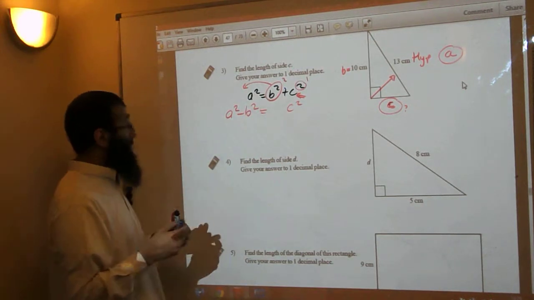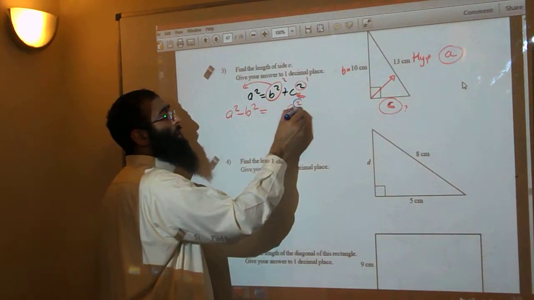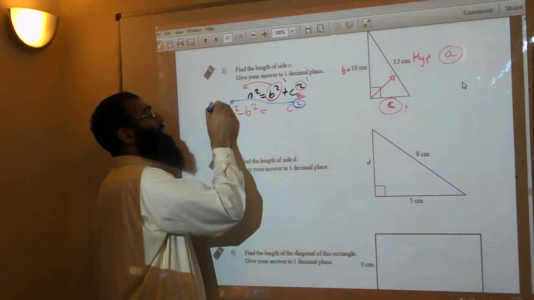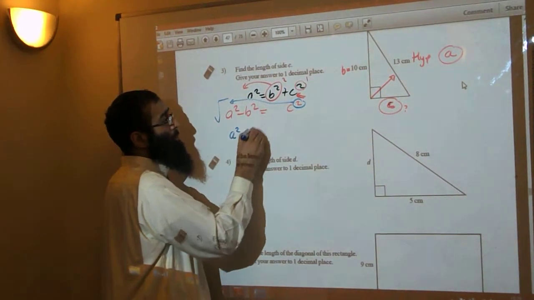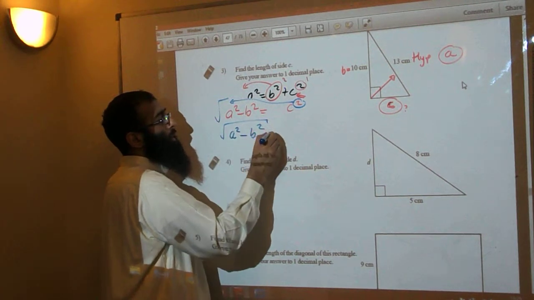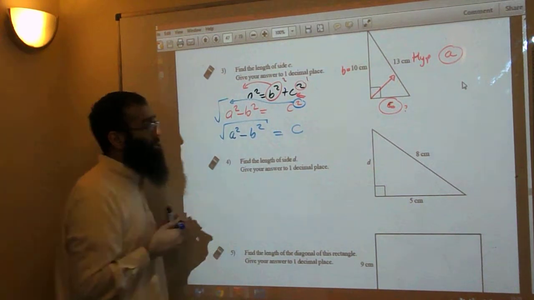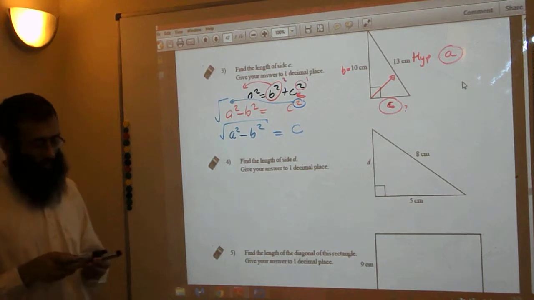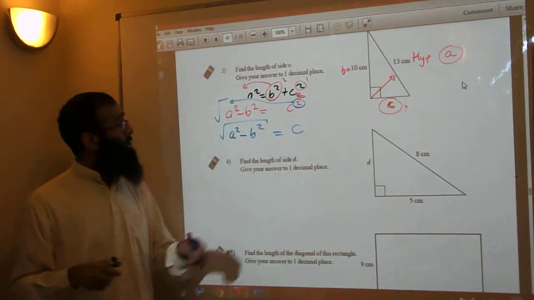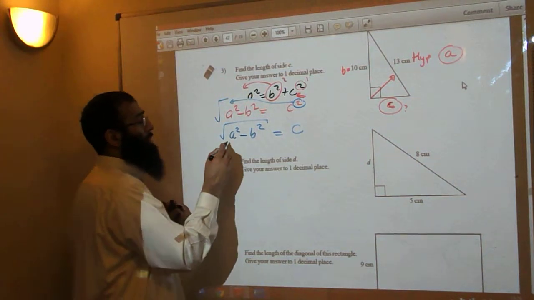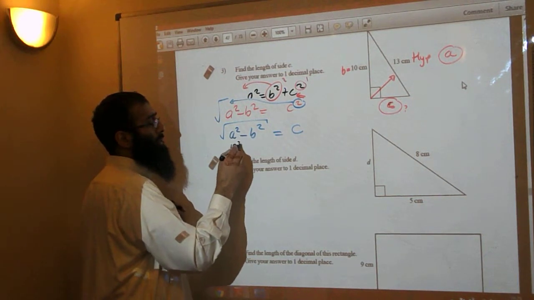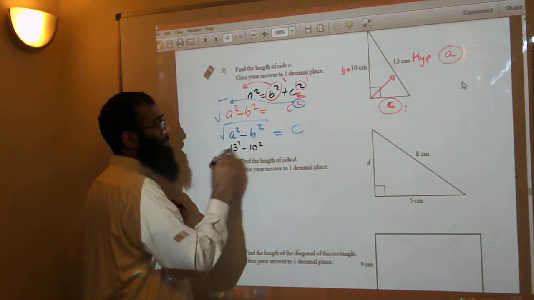Okay, the last movement that we need to do is move the squared over. The opposite of squaring is square rooting. So you do A squared minus B squared, whole square rooted, which will give us the value of C that we're looking for. So now what we need to do is put the values in. The A is 13 and the B is 10.